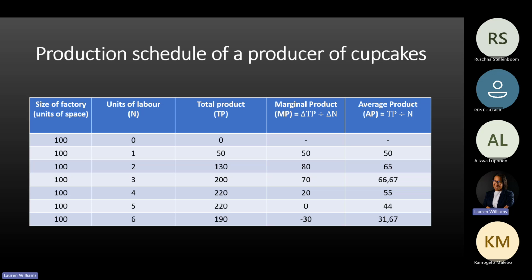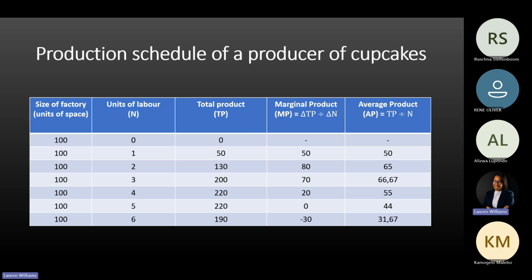So our formula, and the formula will be in the exam, you will get a formula sheet in your exam, is the change in your total product divided by the change in your unit, in this case labor. The change in your labor will always be 1, meaning you're moving from one laborer to another.